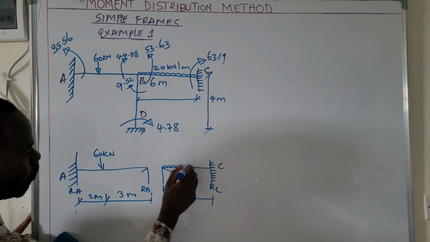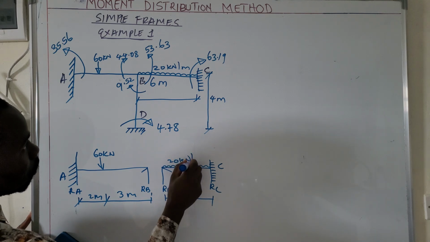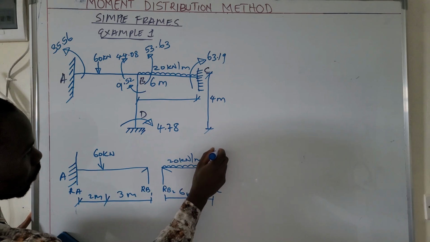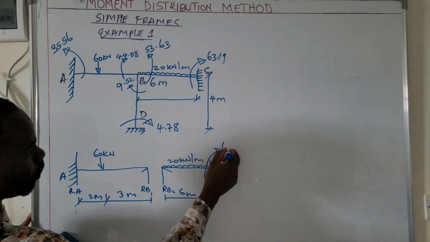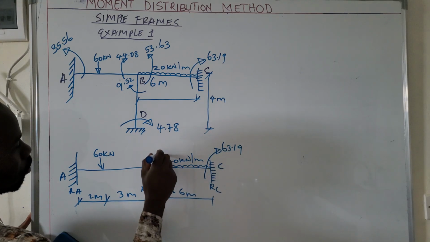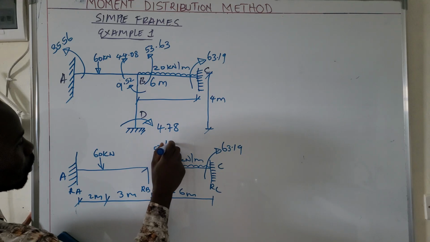Again, we have 20 kilonewton per meter as a UDL. Again here, we have moment 63.19. We have moment again 53.63.